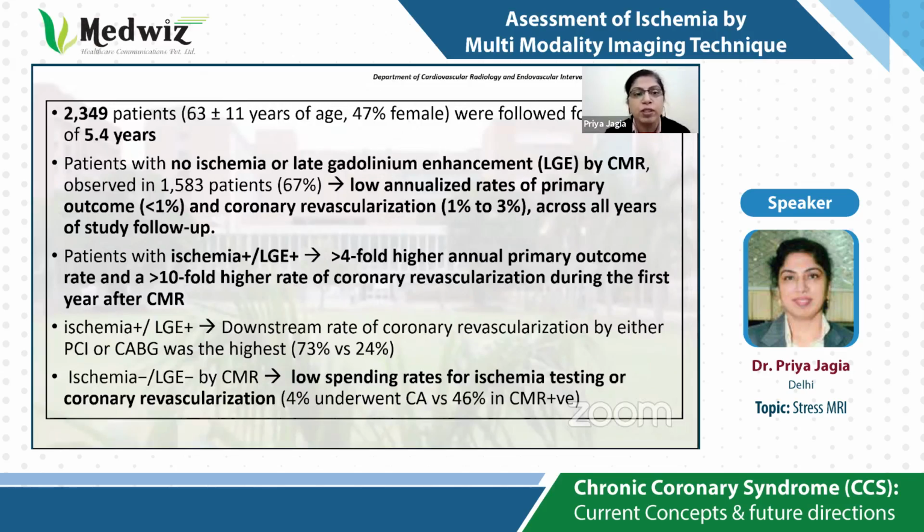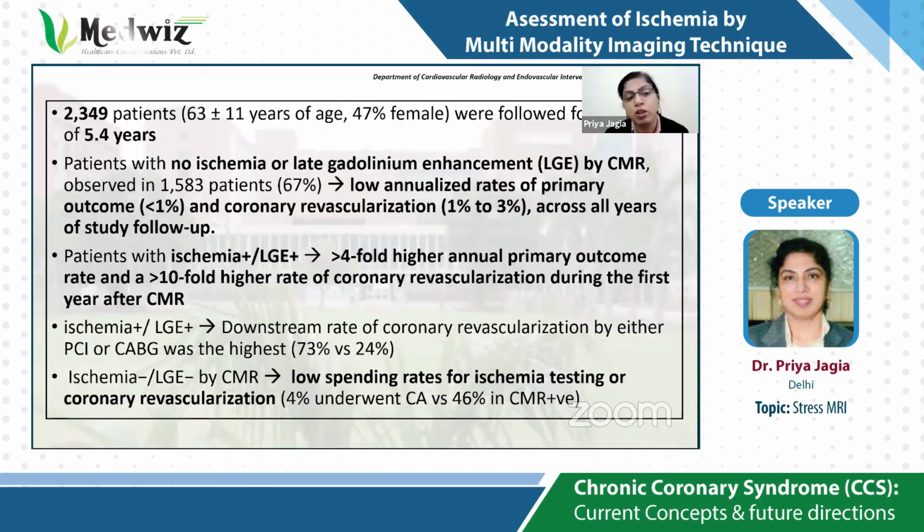And what they found was that patients who had no ischemia or late gadolinium enhancement, which was seen in 67% of the patients, had a low annualized rate of MACE and revascularization across all the years of follow-up, vis-a-vis patients who had both ischemia and late gadolinium enhancement. They had a four-fold higher annual primary outcome rate and a 10-fold higher rate of revascularization during the first year itself after cardiac MR.